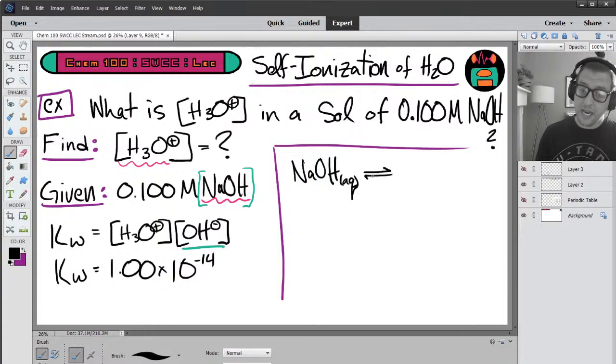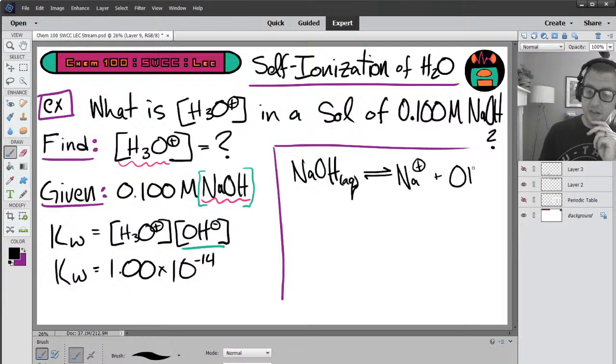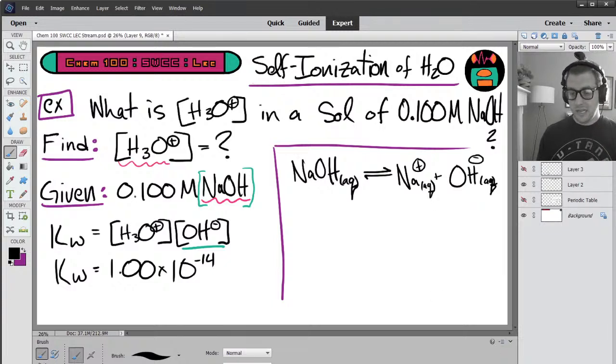And we know that aqueous ionic compounds split up into their constituent cation and anion pairs. All right? And from this, we see that there's a 1-to-1 mole ratio between sodium hydroxide and hydroxide. How does that help us? I'm so glad you asked.